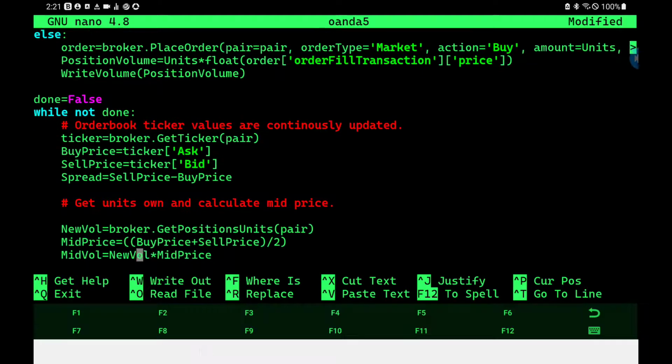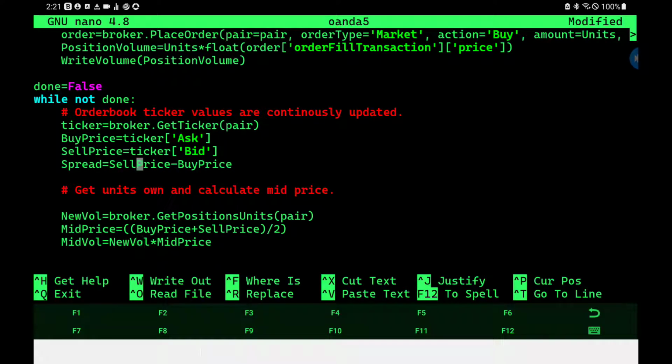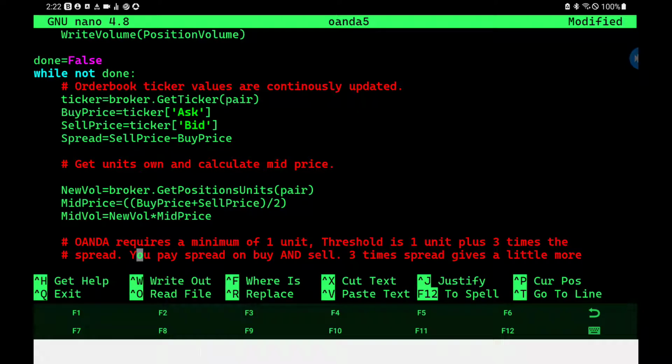Now, let's get into the actual water glass algorithm. This is going to simply be a forever loop. You could do this however many ways you want, while not false, while not true, it doesn't matter. While 1 equals 1, there are countless ways of doing this.